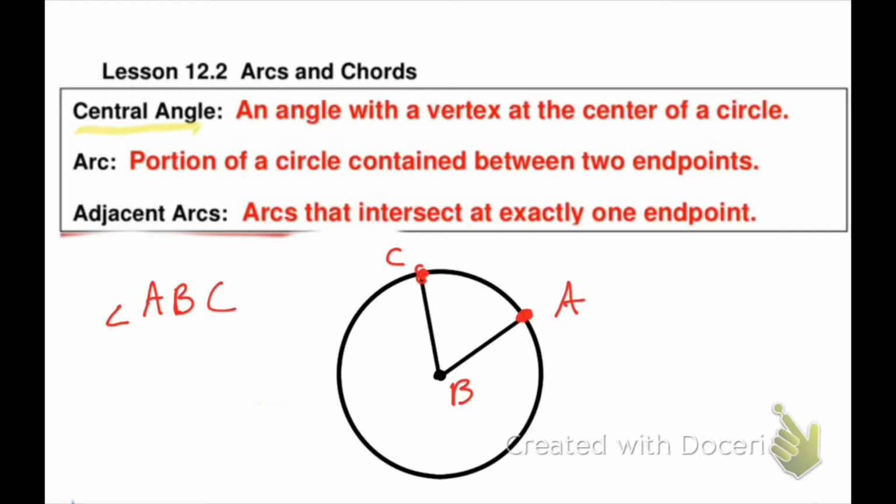So the central angle is angle ABC. Now if I take the actual angle measurement, remember I'd say M for the measure of angle ABC, that'd be, let's say, 35 degrees, just throwing a number out there. But that's what the central angle is, it's this angle right there.